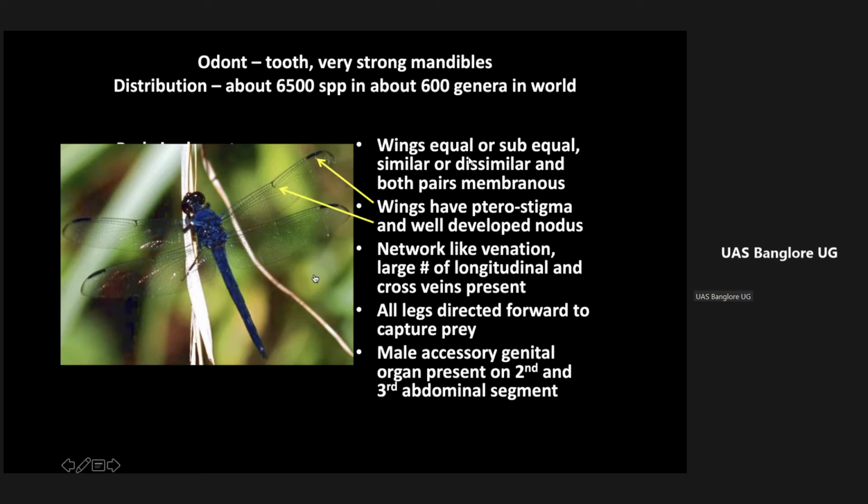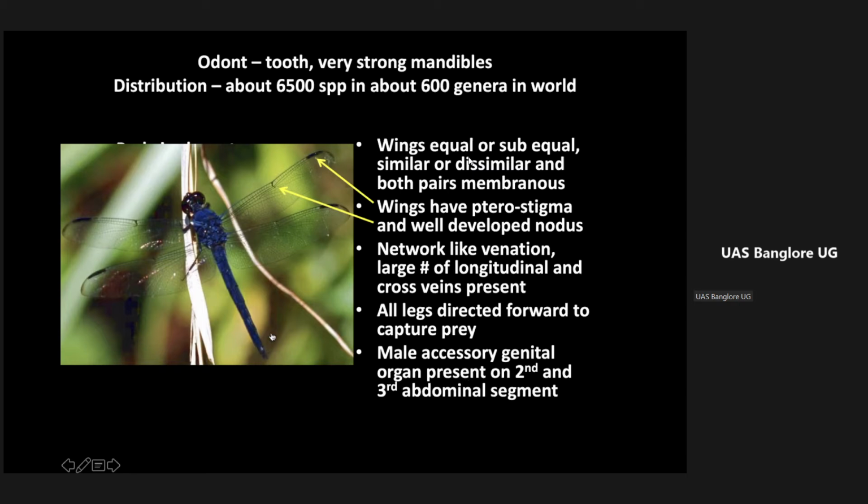That is one interesting modification in the leg of the Odonata. They have a leg modified for capturing the prey. The other very interesting thing is that the male accessory genital organ is present on the second and third abdominal segment.